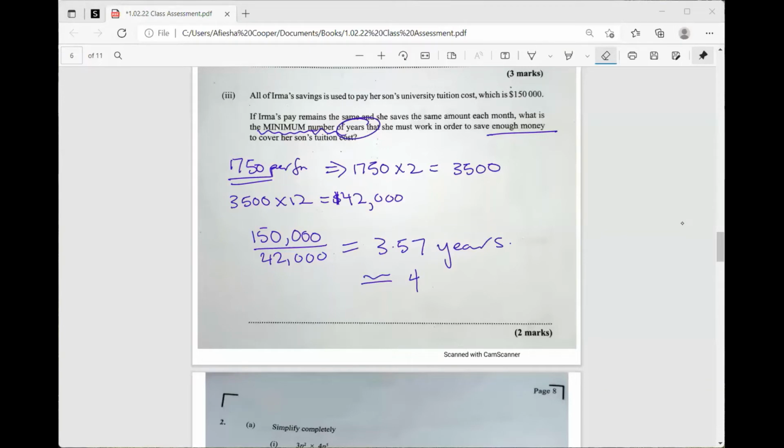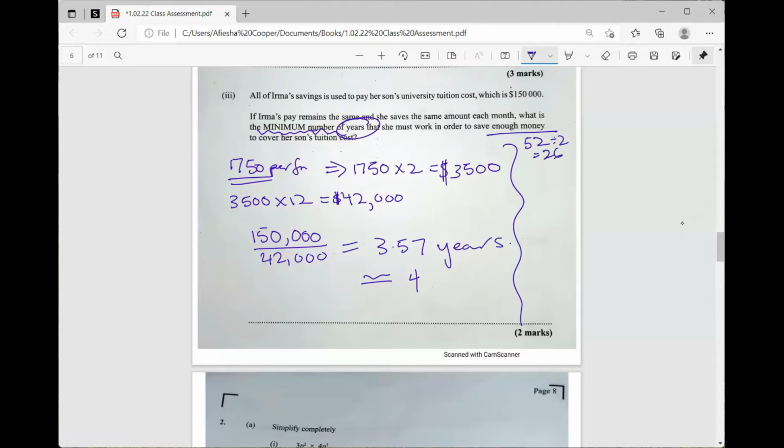Right, so we got her savings every 2 weeks. We can multiply that by 2 to get 3,500 for the month, and we can do 3,500 by 12 for the year. If you want, you could also use the same 52 weeks they gave you earlier, divide that by 2, which is 26.